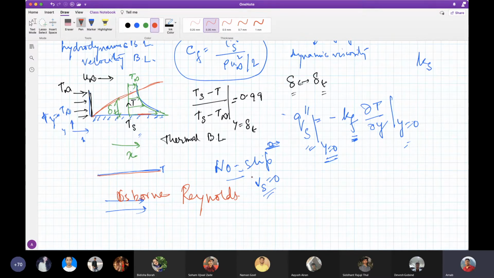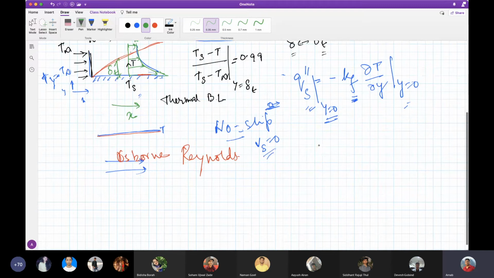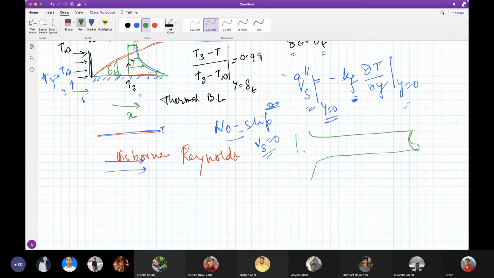Now Osborne Reynolds did an experiment to understand this, and you would understand it is prevalent at this condition. He did an experiment in a pipe, where we have a jet of liquid, say this is ink, a colored liquid.